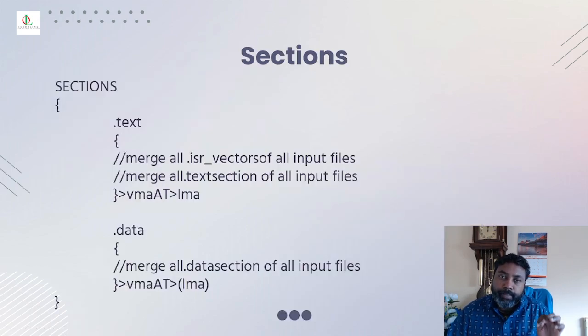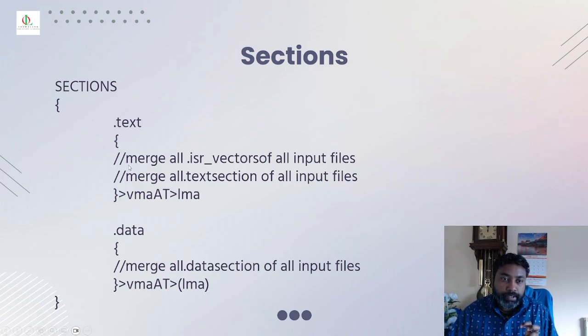Okay, we learned briefly about the sections and what they do, and this is the syntax you have to follow. As you learned from the MEMORY command, the command name should always be in uppercase. SECTIONS starts with an open curly brace and ends with a close curly brace, and you have to start everything with .text. The dot is important.